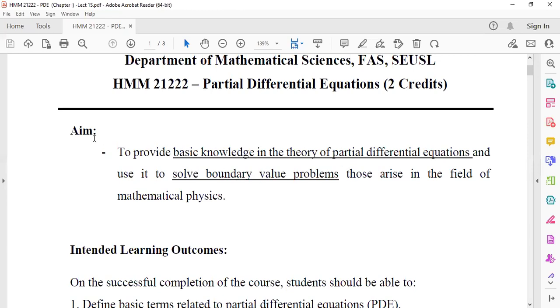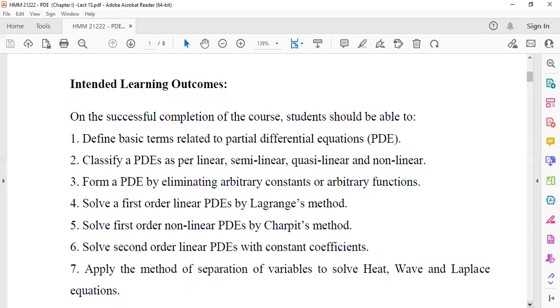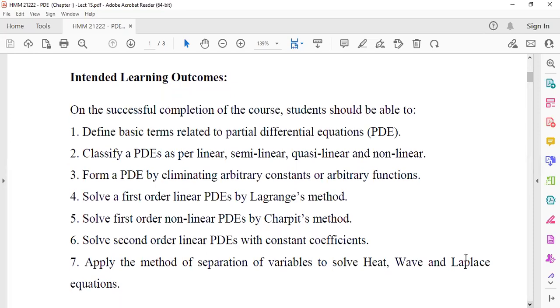Okay. So let's see the aim of this course, which is to provide basic knowledge in the theory of partial differential equations, as well as to solve boundary value problems which arise in the field of mathematical physics. You can also read through the intended learning outcomes. Likewise, I also taught you the elementary differential equation, so the same way we will start.